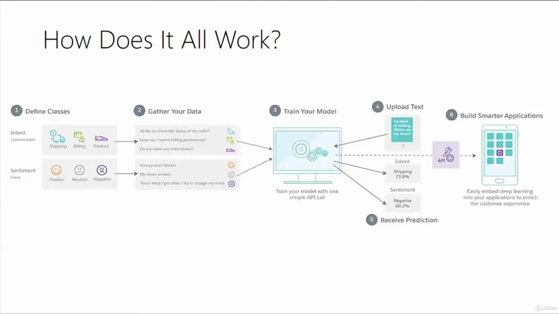For example, your product rocks, my shoes arrived, this is what I get when I try to change my mind. These are the 3 types of sentiments that users can provide as feedback. Based on these, you would then train your model, upload the text, and receive a prediction. And then finally build smarter applications. So very powerful, working with Salesforce AI intent and sentiment.